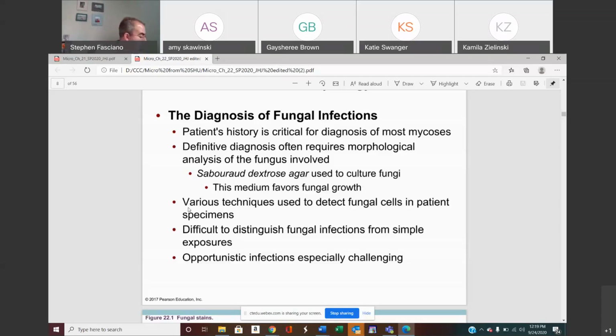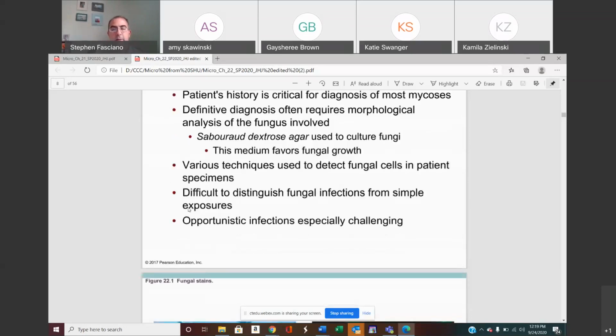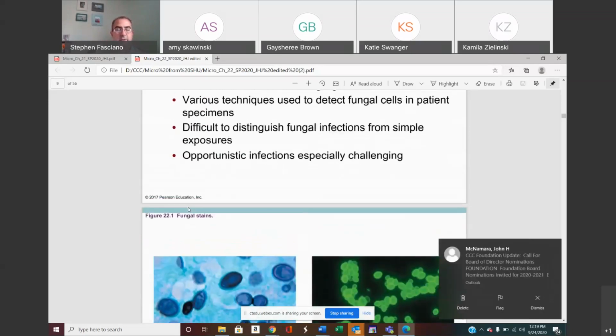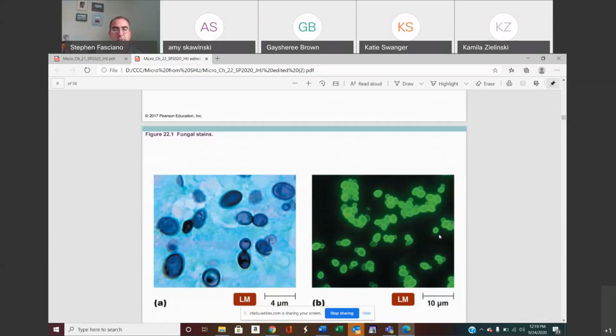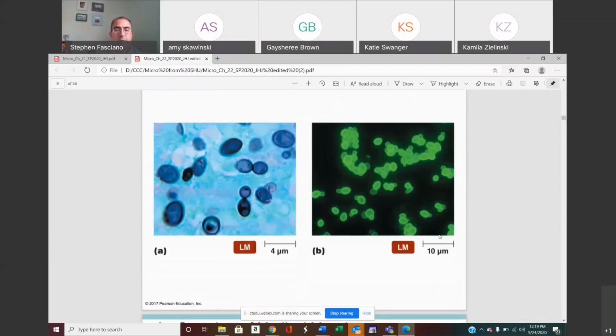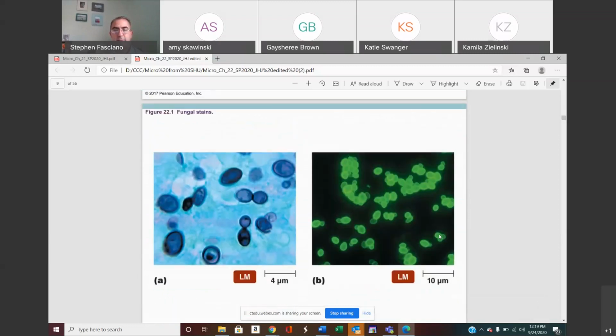So opportunistic infections can be very challenging, because so many different things could infect somebody when their body is weakened or when their immune system is weakened. Here are just some examples of fungal stains.